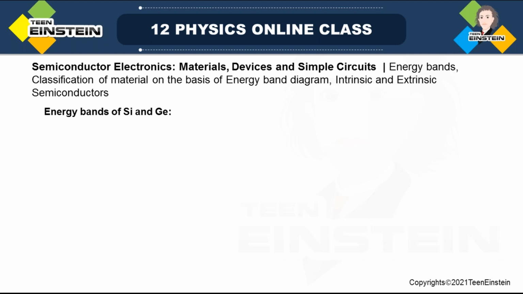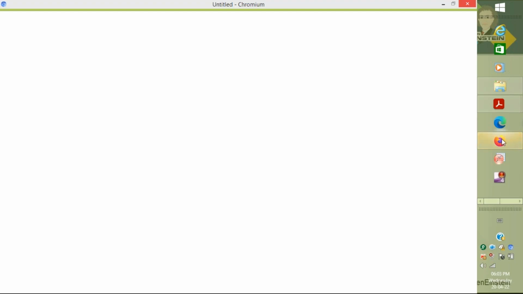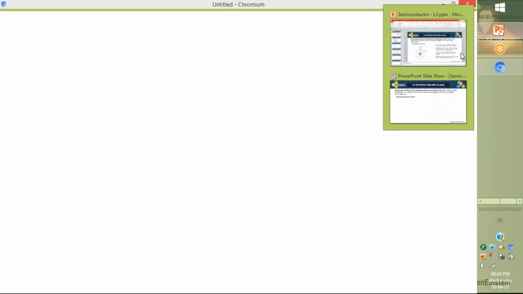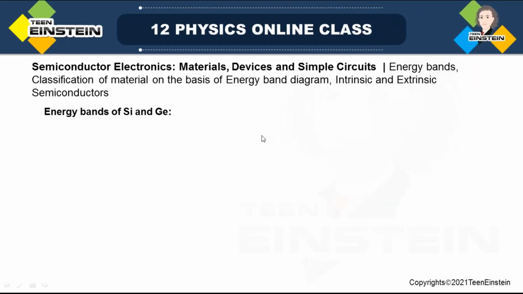Then we have seen the advantages and disadvantages of vacuum devices, diode, triode, etc. And then we have understood that semiconductor solid materials are more advantageous, which allow us to control the flow of electrons or the charge carriers very easily.